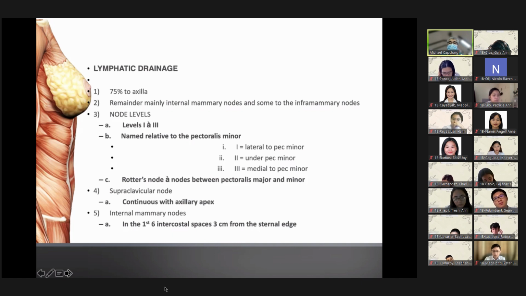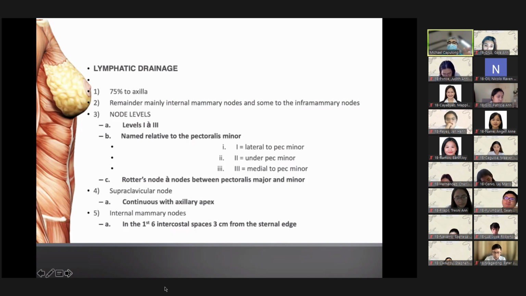and this is based on the location of your lymph nodes in reference to your pectoralis minor muscle. So here, the important structure would be your pectoralis minor muscle. Level 1 nodes are nodes that are seen lateral to your pectoralis minor muscle. Level 2 nodes are lymph nodes seen under the pectoralis minor muscle.